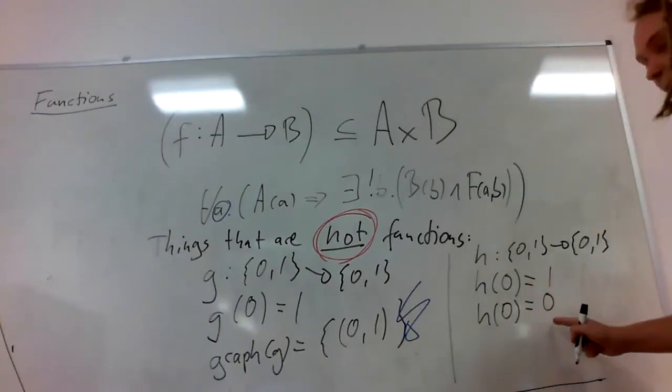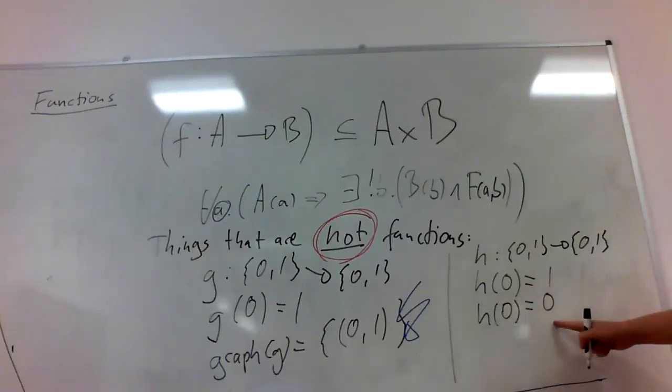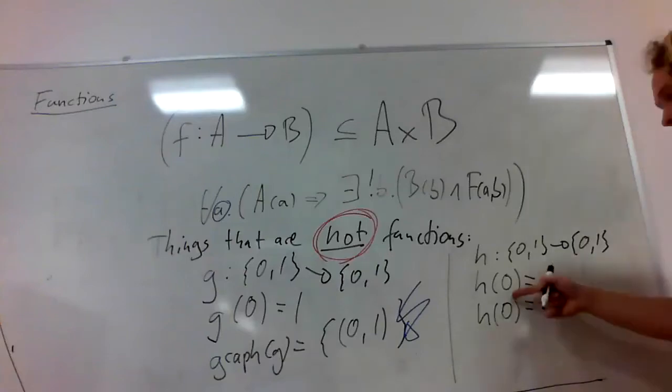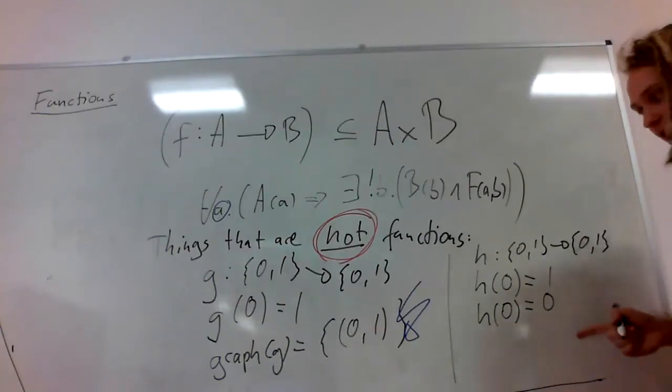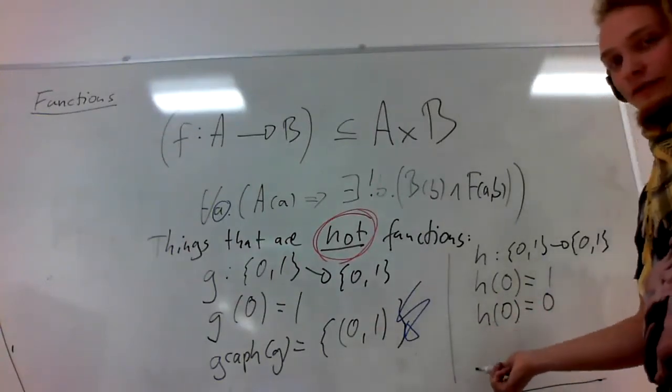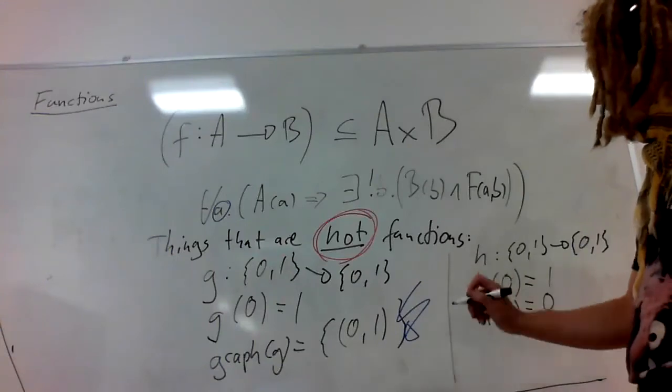This is already a problem, because we're mapping the same value to different outputs, right? In the graph it looks even weirder.